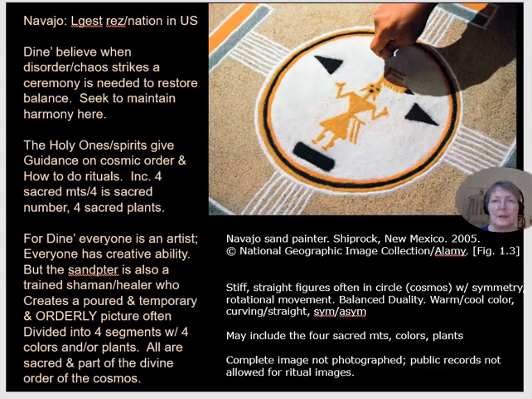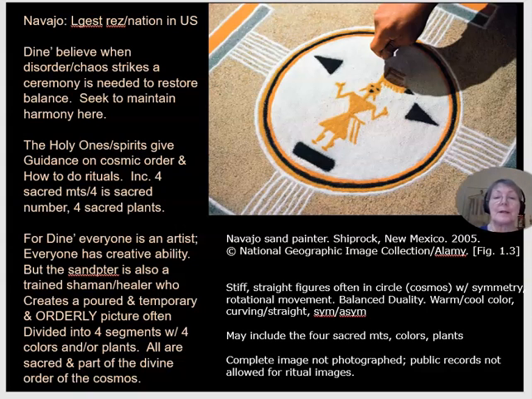But the sand painter that we're looking at making this painting is actually a shaman or a healer who creates a temporary picture by pouring the sand, the minerals, the pollen, the plant pieces into a constructed image. What I'd like you to be thinking about is how orderly this image is, and to remember that the goal of the Diné is restoration of order.